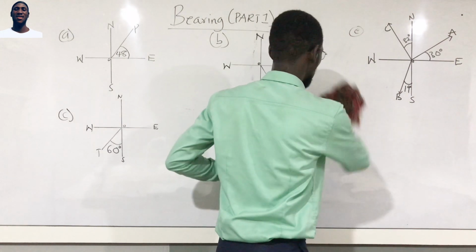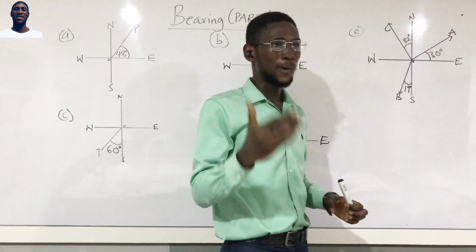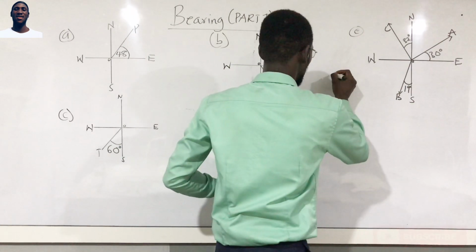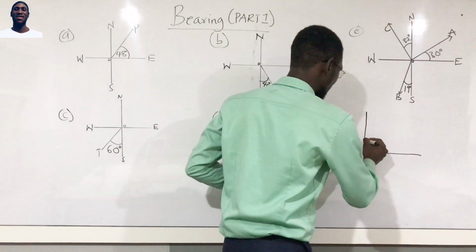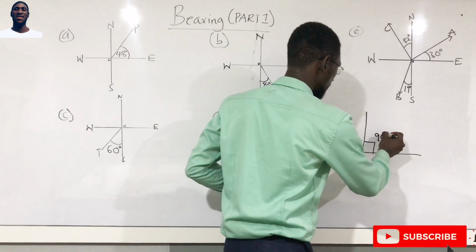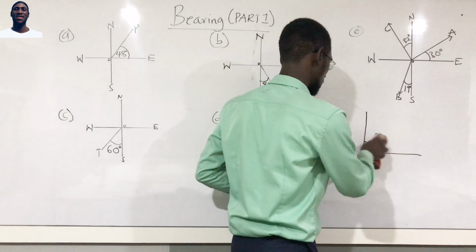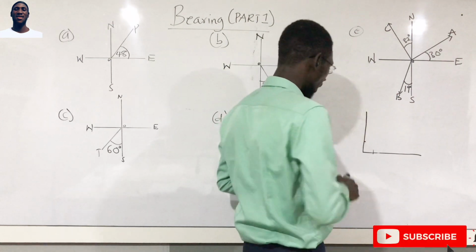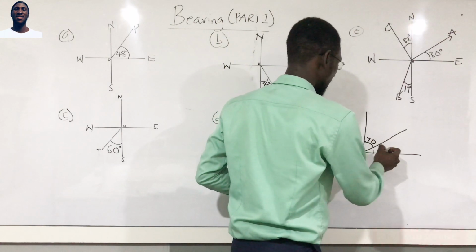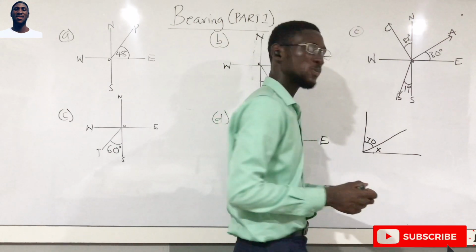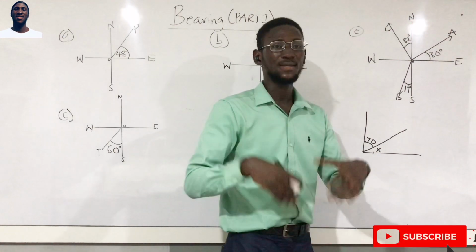Now, I said we'll talk about angles. We remember from our lesson on angles, right angles. So we know all right angles sum up to 90 degrees. If I give you this angle to be 70 degrees, and I ask you to find x, we should be able to find x. 70 and x gives us 90 degrees.